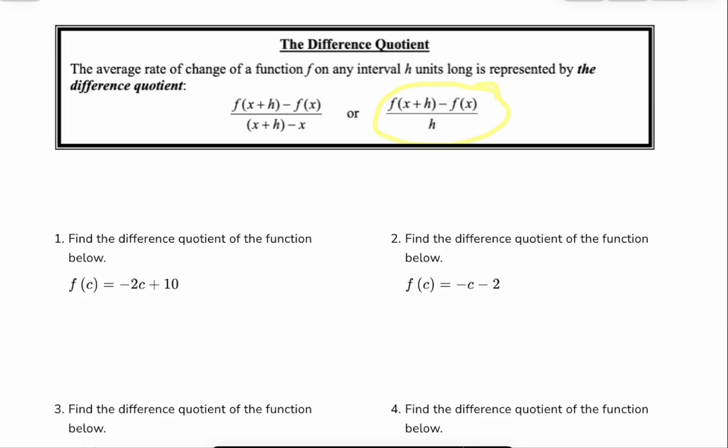Now, here's what's super important about the difference quotient. In a calculus class, they do something called a limit. And a limit, you sometimes have to manipulate the algebra of things that are happening. And what's great about this formula is we should be able to, when it's all said and done, divide off the h that's in the bottom, okay?